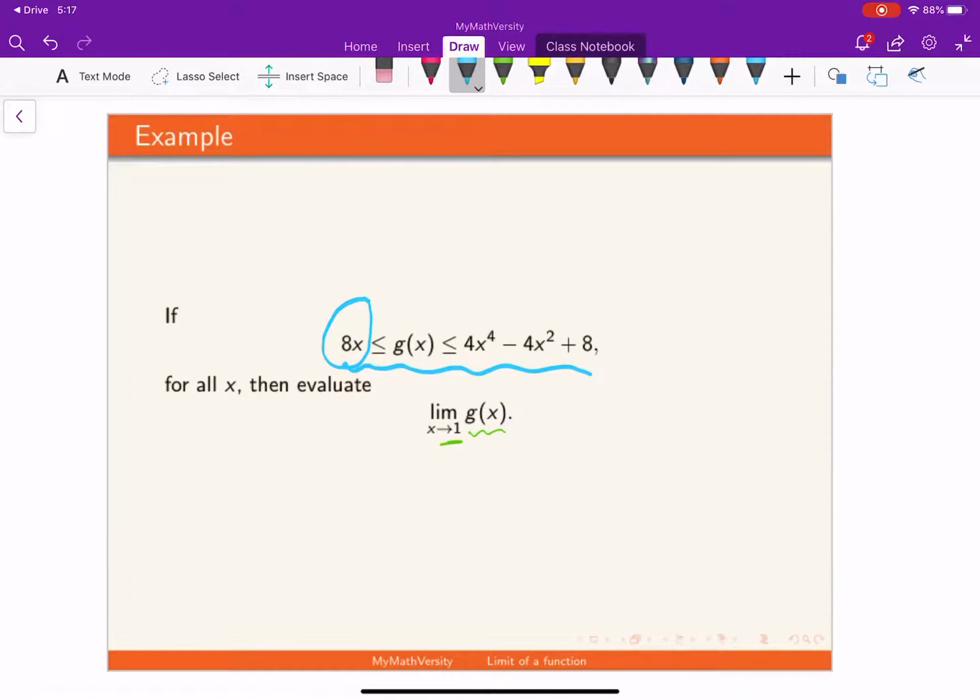Let's say in this case, find the limit of 8x at 1. And find the limit of 4x to the power 4 minus 4x squared plus 8 at 1, and then see if they are the same. If they are the same, then the limit of g of x will be whatever that limit comes out to be.